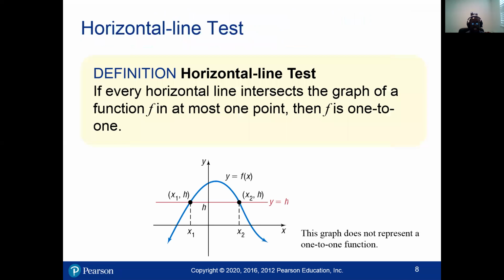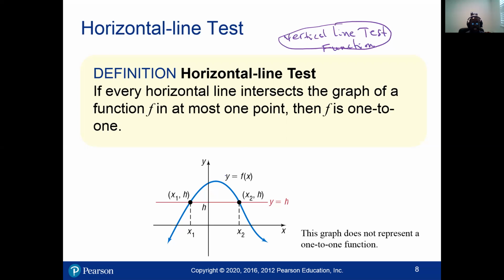Now, remember, for a function we have the vertical line test. We use it to test whether a graph is a function. Now, the horizontal line test is for a one-to-one function. If you have a graph and you draw a line horizontally and it cuts the graph more than once, then it does not represent a one-to-one function.